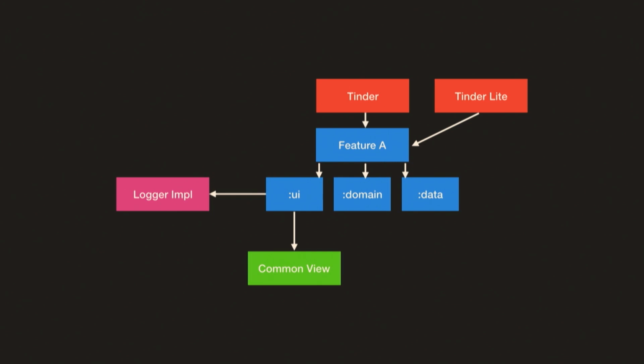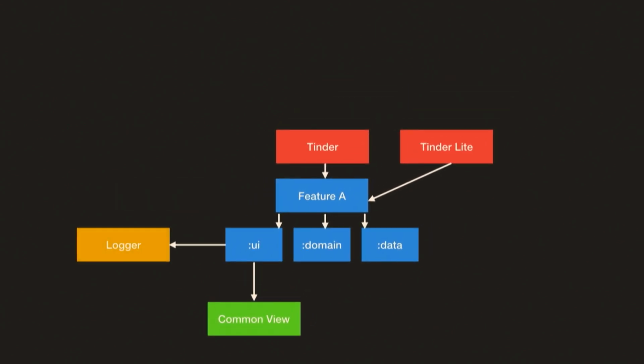But for Tinder Lite, we don't necessarily want to do that. We just only want to send the crashes, right? But now your Tinder Lite still depends on feature A, which inherently would have all the considerations that were only applicable for the Tinder app.